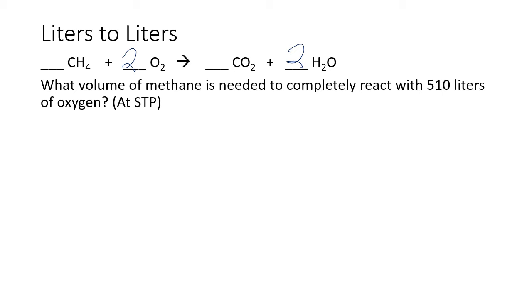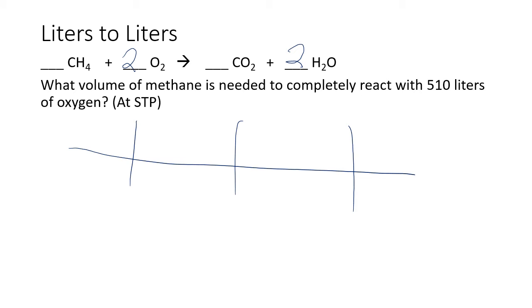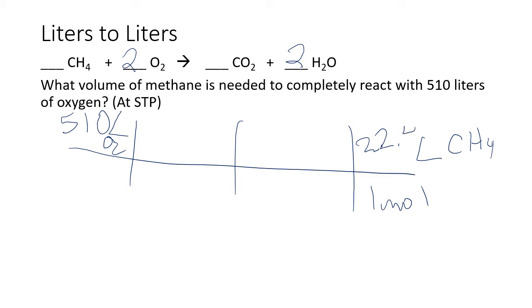So, cool thing about liters to liters is if I set up the really long train tracks, I end up doing, I have 4 liters, and then I'm trying to get to liters here. So liters of methane, my CH4, I've got liters of oxygen here. So in the meantime, what I end up doing is I have 22.4 on the bottom here.